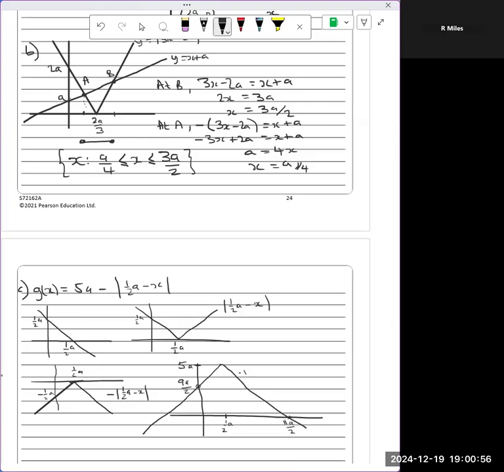As it stands, the range of the function is anywhere from -infinity all the way up to 5a. But we've also got this restriction that we are only allowed to go from a quarter a to 1.5a. Okay, so a quarter a is here.